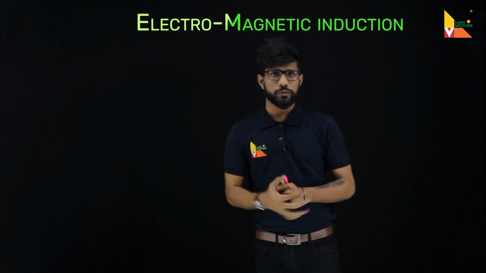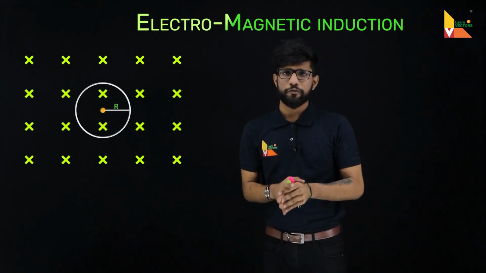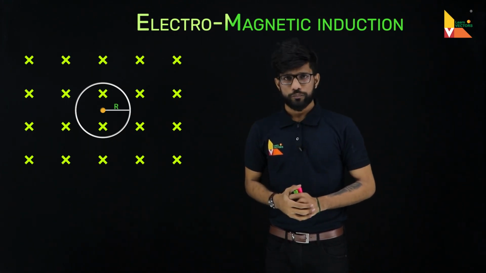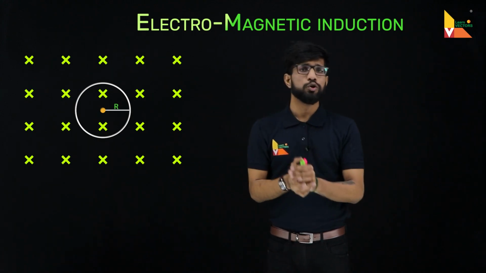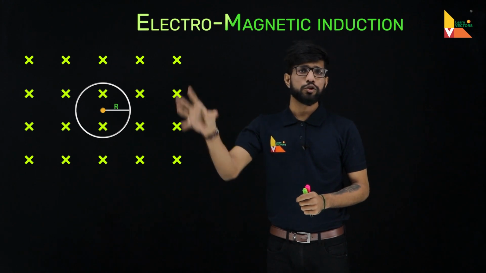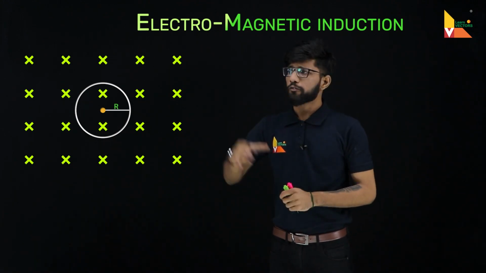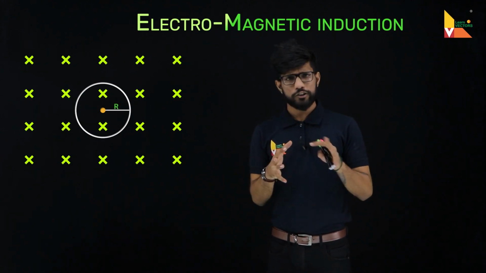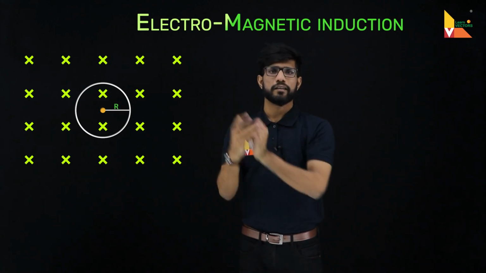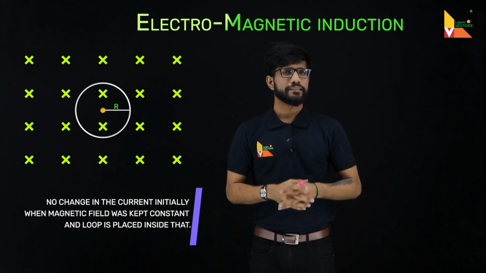So our first observation was something like this. Let's say there was some magnetic field going downward into the plane, which is denoted as a cross. If we put a loop of radius r inside that magnetic field, and the magnetic field is constant, it was observed that there was no change in the system.